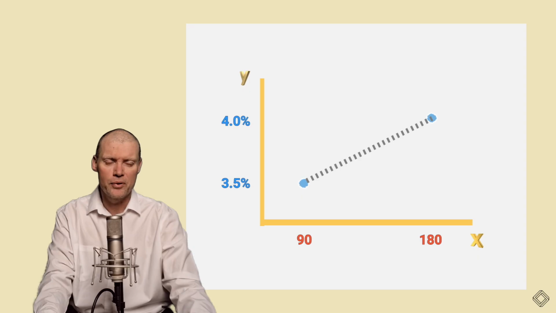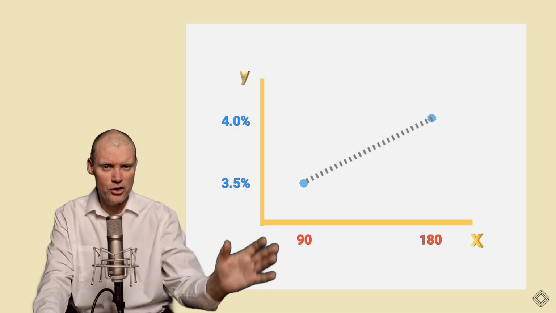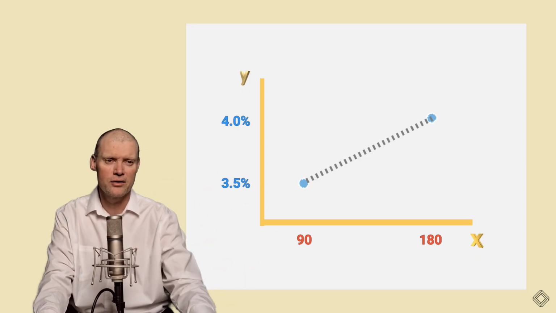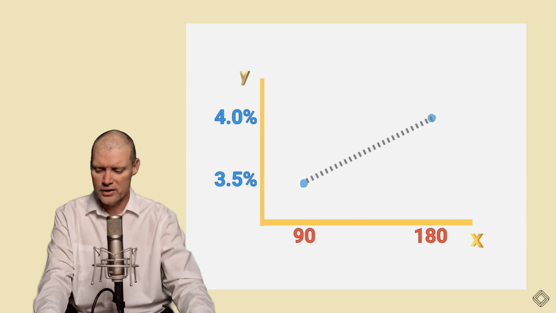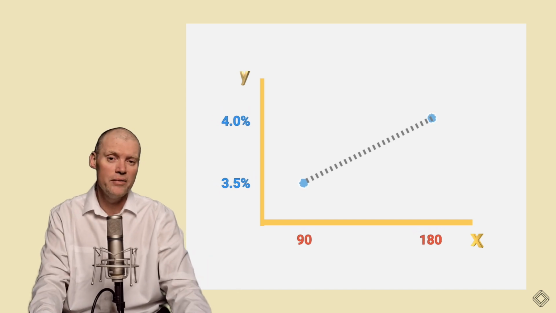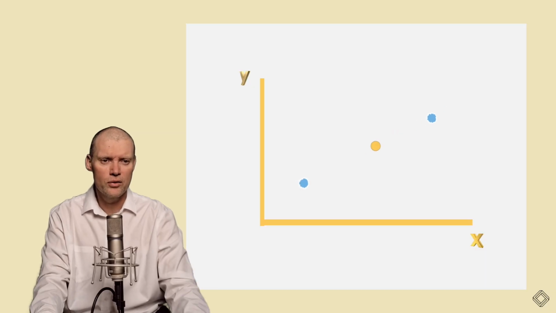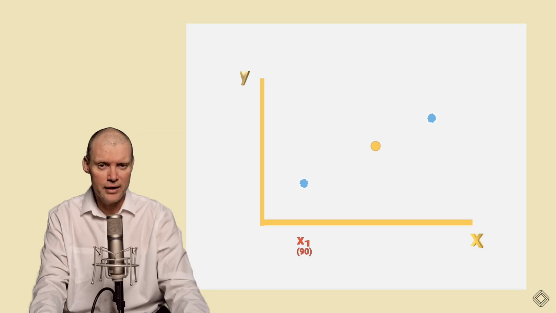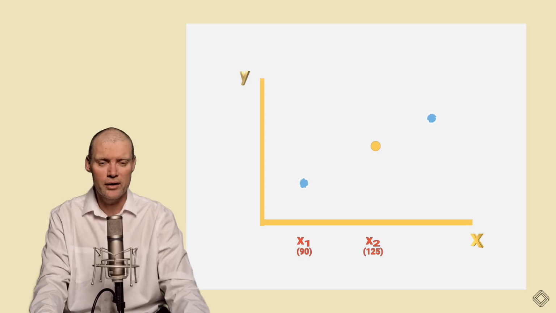Our next step, in order to form a general formula and apply some math, is to give all of these different data points variable names. The names we're going to use very simply are the following. We're going to call the 90-day X value X1, the 125 X value X2, and the 180-day value, you guessed it, X3.